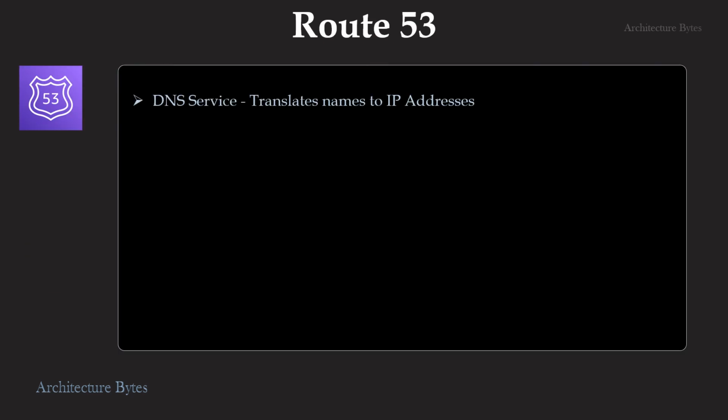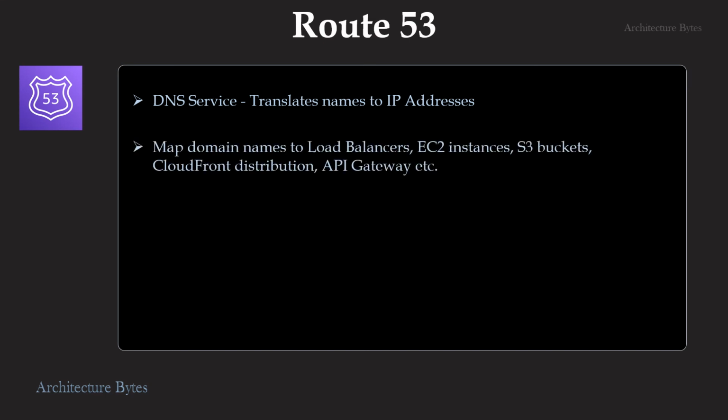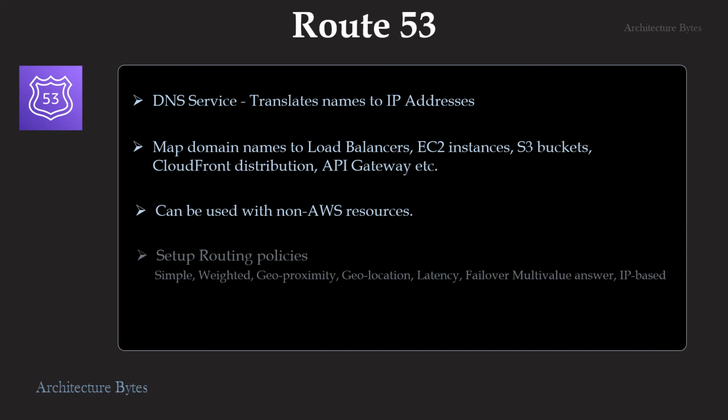Route 53 is a DNS service from AWS. You can use it to map domain names to load balancers, EC2 instances, S3 buckets, CloudFront distributions, API gateway, etc. It can also be used with non-AWS resources. In addition, you can set up routing policies like geo-proximity routing, whereby requests are routed to an application endpoint geographically closest to the end user.